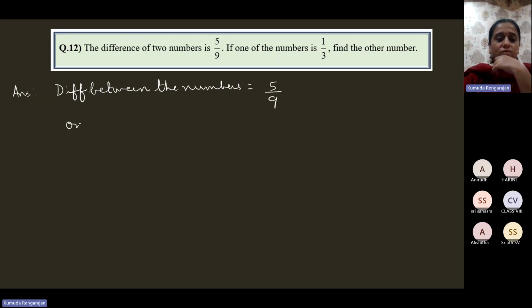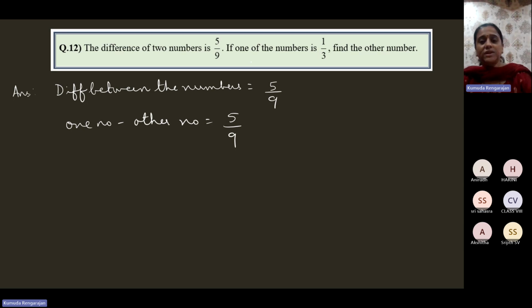Difference means one number minus the other number is equal to 5 by 9. It's given that one of the numbers is 1 by 3. One of them can be the first one or the second one.